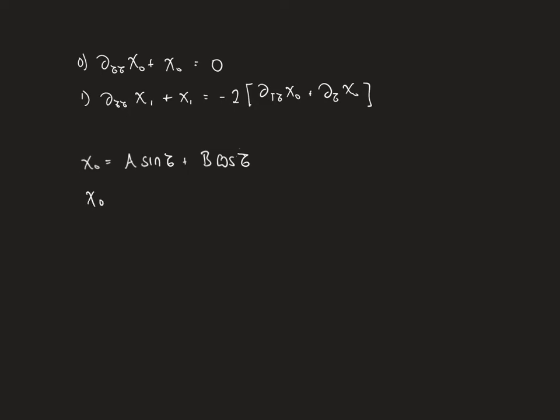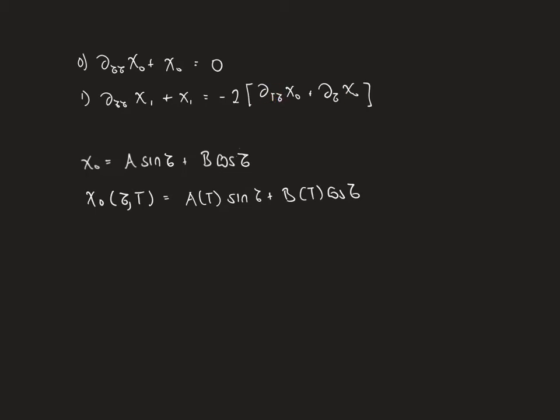So remember that x naught, I will just write it explicitly, depends on tau and T, and now we have A of T sinus of tau plus B of T cosinus of tau. And now this one has to be replaced, so this quantity in here is the term that we are supposed to know already. Now we first have to derive these two derivatives.